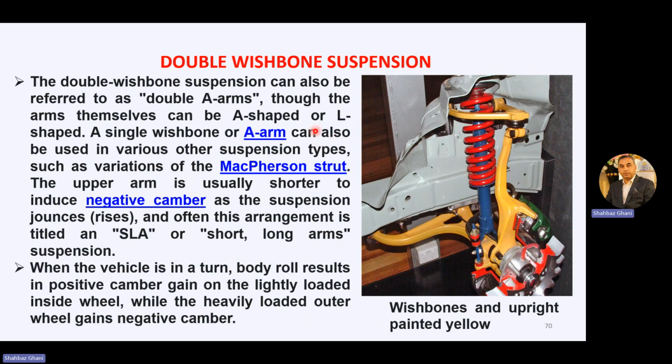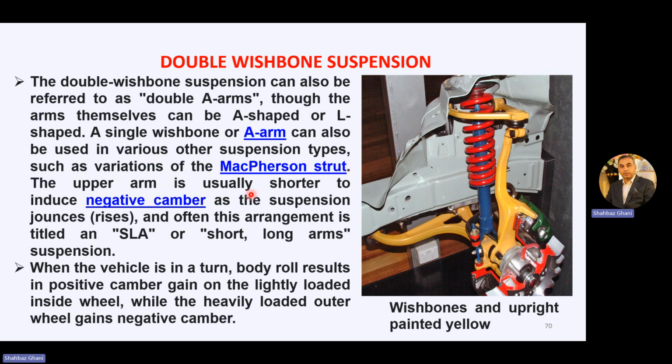Now, another type is the double wishbone suspension system. The double wishbone suspension can also be referred to as double A-arms, though the arms themselves can be A-shaped or L-shaped. A single wishbone or A-arm can also be used in various other suspension types, such as variations of the MacPherson strut.